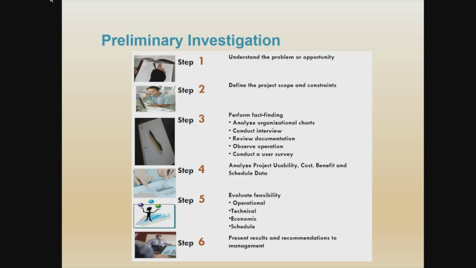And then how about the constraints, the limitations? You should know what the limitations are, including the limitation of time, the limitation of resources that you have, and the limitation of cost. Okay, step 2, identify the project scope and the constraints.